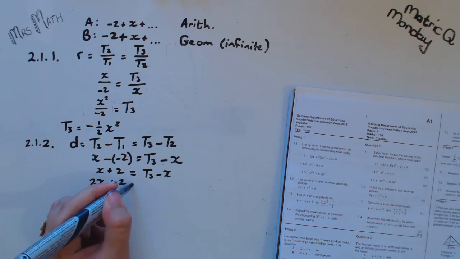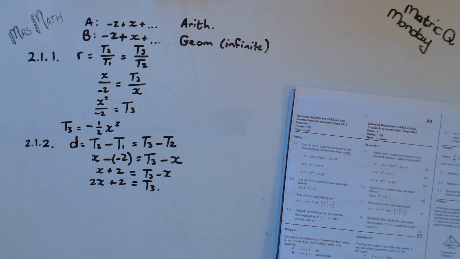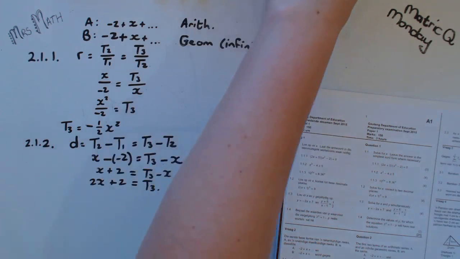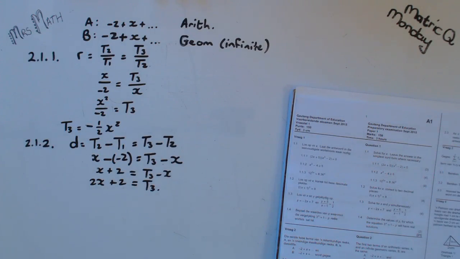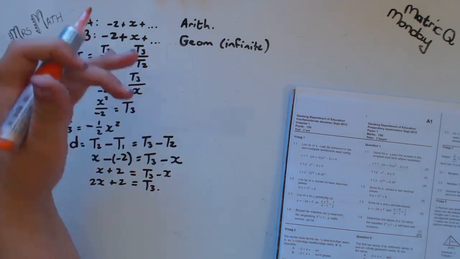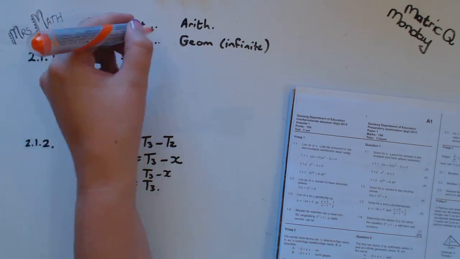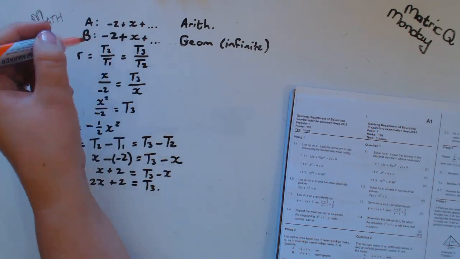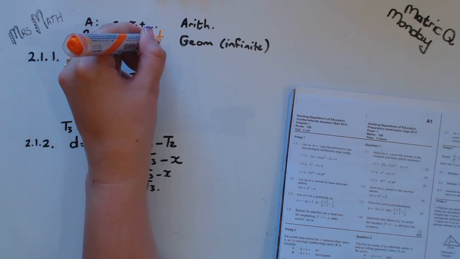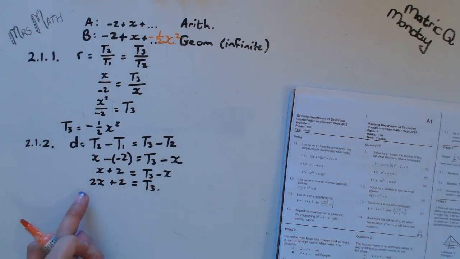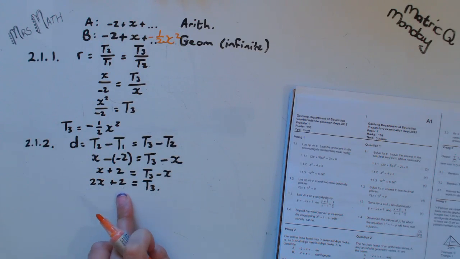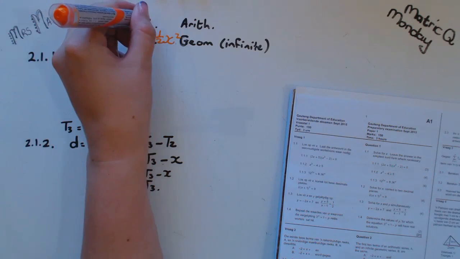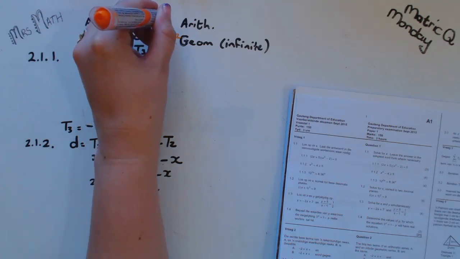I've got 2x plus 2 is my third term. Just for the sake of not having to search through this again if I need it later on, I'm going to note that the third term of the geometric pattern is minus a half x squared, and the third term of the arithmetic pattern is 2x plus 2.